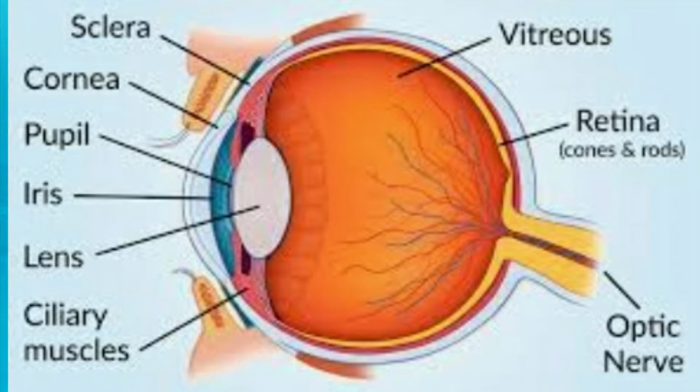Working of the eye. How the light rays are converted into the image. The transparent layer cornea bends the light rays through the pupil located at the center part of the iris. The adjusted light passes through the eye lens.